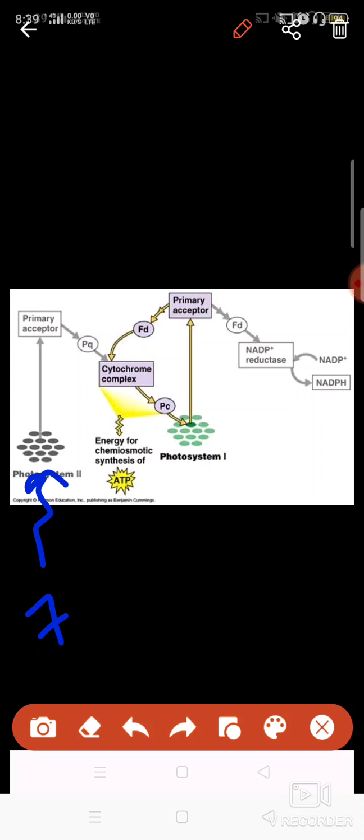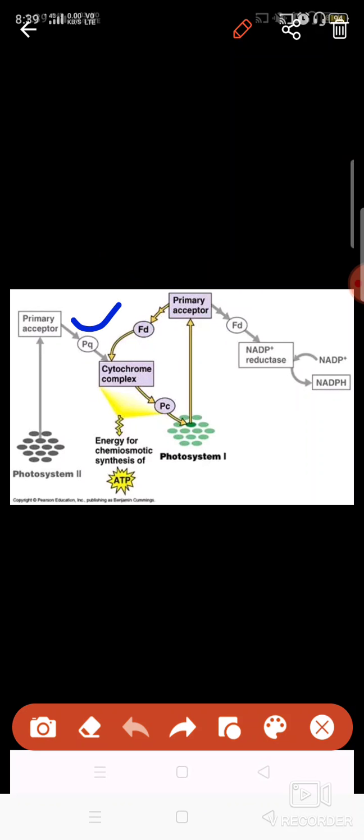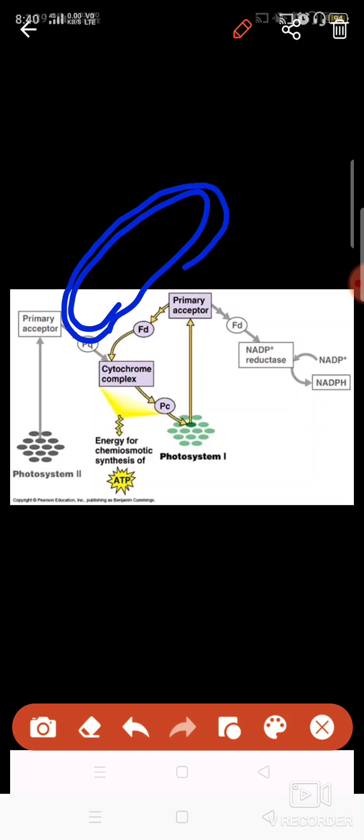So basically there is a difference. And what is a photosystem? You see these thylakoids which are present in the chloroplast. If we zoom in, this one structure is known as a thylakoid.